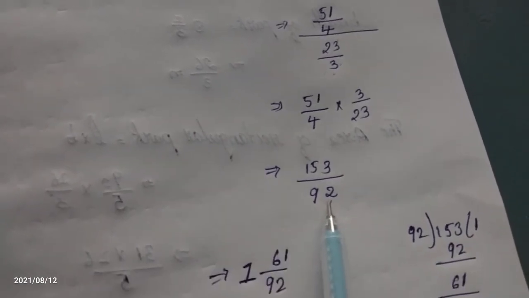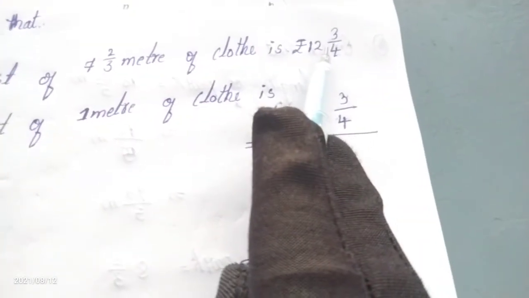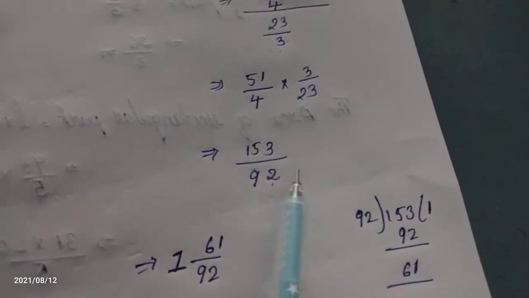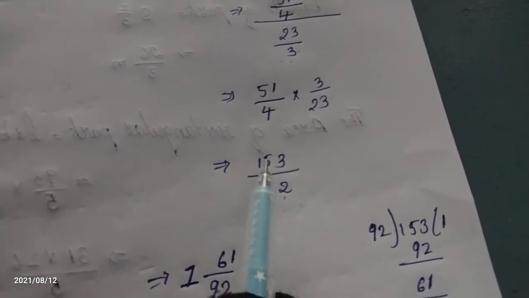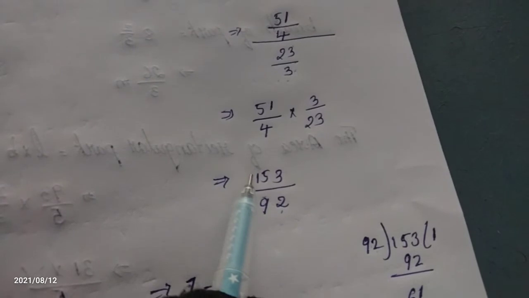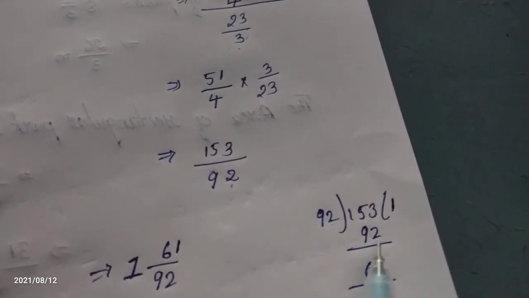But can you see that the rupees should be in the form of a mixed fraction? We got it only as a fraction. How can we convert this value into a mixed fraction? By doing the division. We write 92 as the divisor and divide. 92 ones are 92.